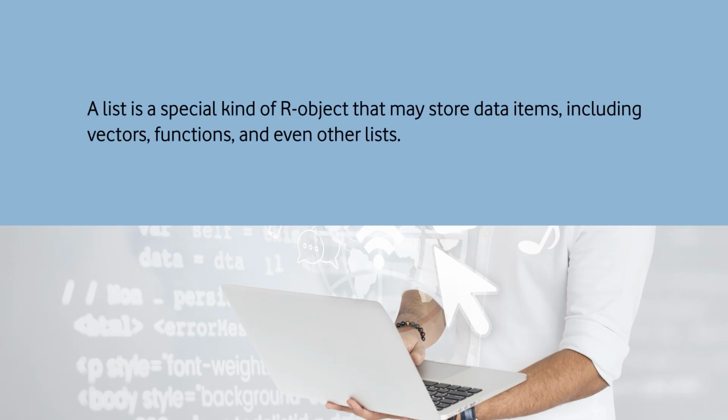It is a special kind of R object that can store data items including vectors, functions, and even other lists. The main advantage is that you can use different data types inside one list, and you can use a list within a list also. That is one of the biggest advantages of using list as a data structure in R.